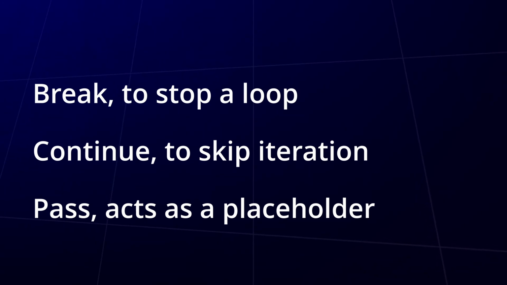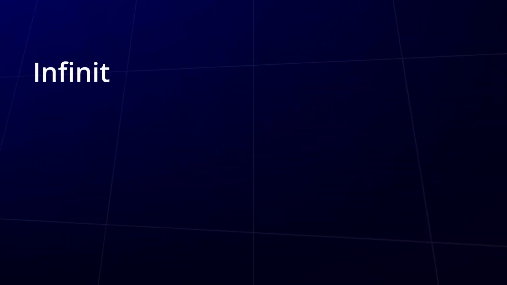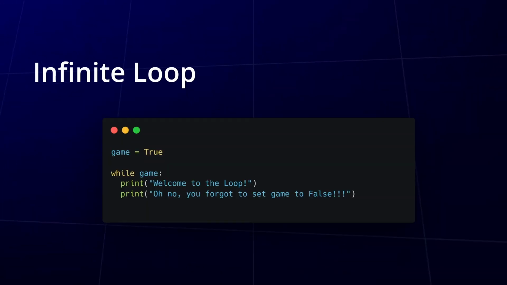Now, let's talk about some common mistakes you might encounter when using loops. Loops are incredibly useful, but they also come with their own set of challenges. A common mistake, and one of the trickiest to spot, which we covered already, is creating an infinite loop by forgetting to update the condition, especially in while loops, where the logic isn't always as clear.